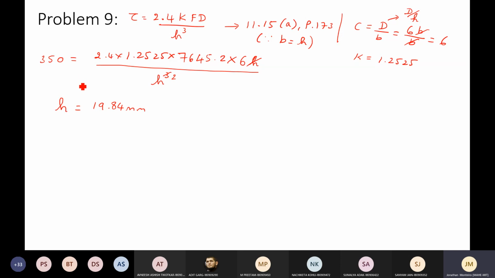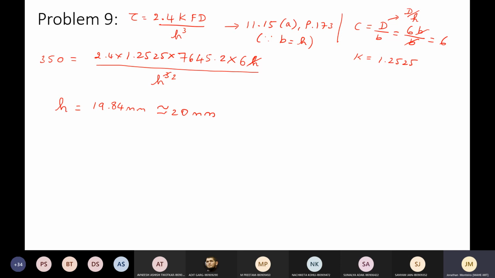So when you have something like this, approximate it to the nearest whole number. Approximate it to 20. We don't have a separate table for this. In wire, you might remember we had a separate table for round cross section with wire diameter, whereas here we don't have anything like that. So you can round it off to the nearest number.